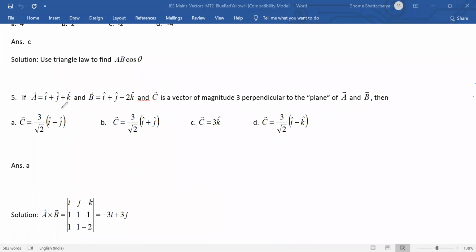Given the vectors A and B, we have to find a vector C which is of magnitude 3, but it is perpendicular to the plane of A and B. So what does this statement mean?